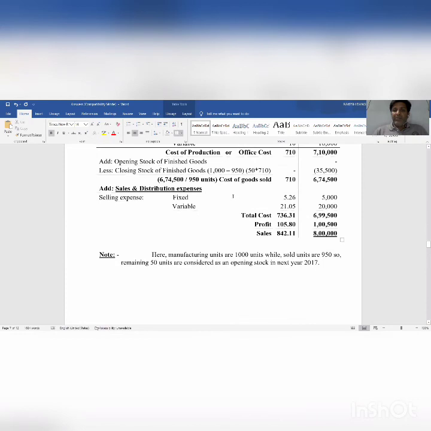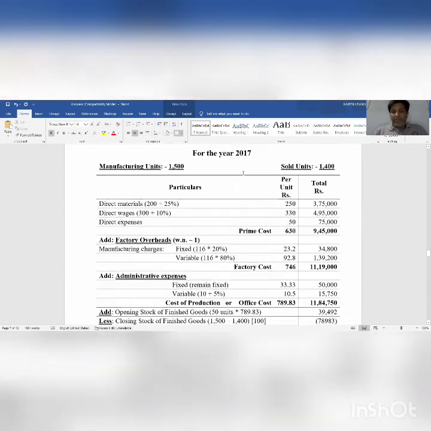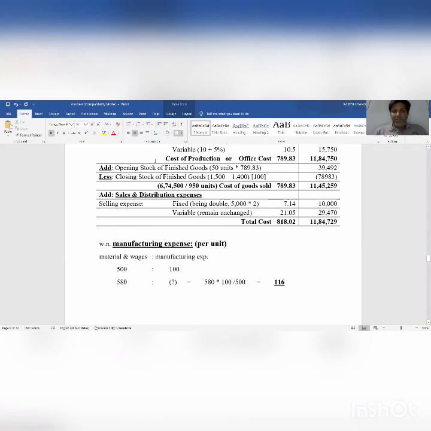It means there are 50 units in stock in 2016 as closing stock. It will be the opening stock for next year. It means for 2017 there are 50 units multiplied by 789.83, which is the office cost or cost of production per unit in this year. So 50 multiplied by 789.83 will be 39,492.